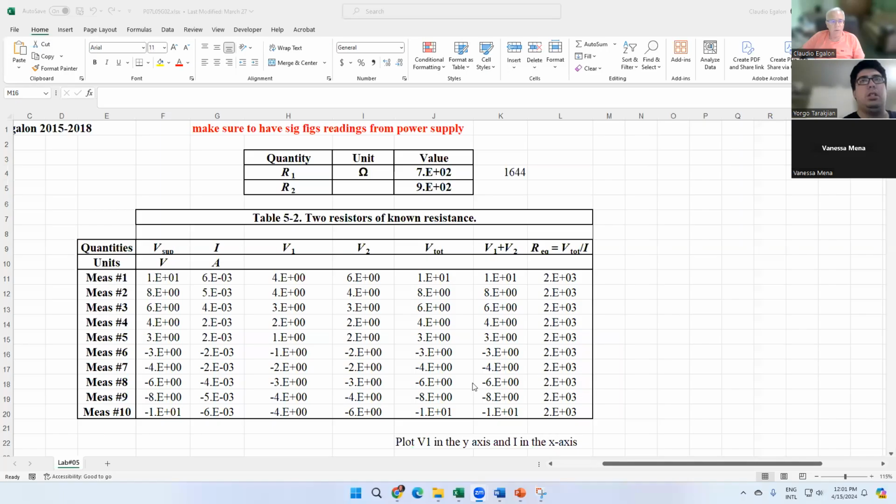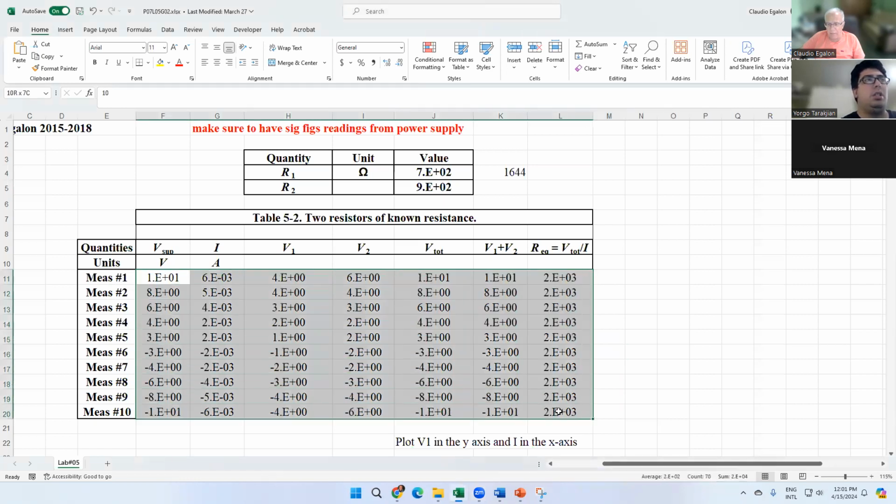I'm going to share that with you. Let me share the screen here. Can you see my screen? Yes. Okay, so everything here is in scientific format, right?